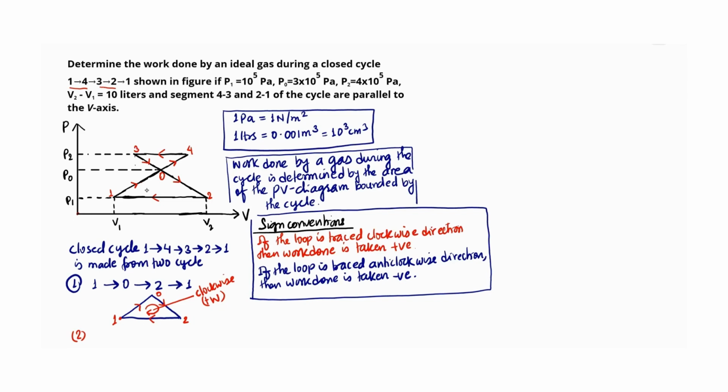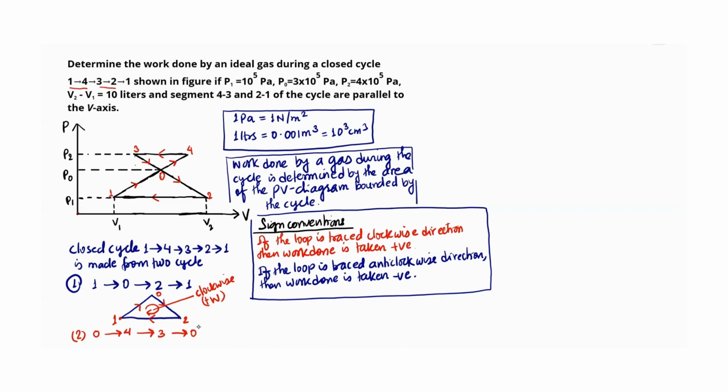we have a cycle starting from 0, 0 to 4, and from 4 to 3, and from 3 to 0. That is the starting position or the initial point.